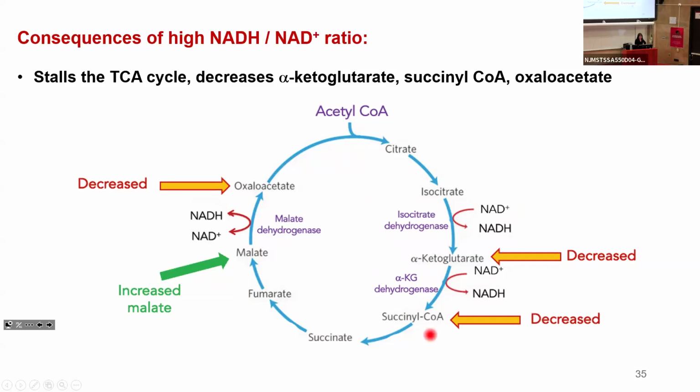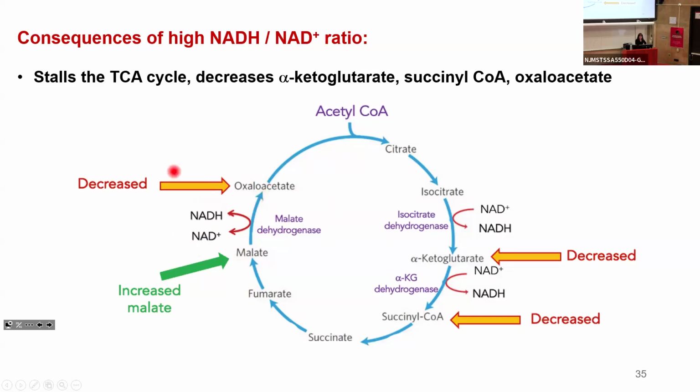And in this step over here, the reaction goes from NAD plus to NADH, but this is a reversible reaction. So if NADH is high, this reaction is going to go in the opposite direction. You won't be able to produce oxaloacetate, and this is going to decrease.